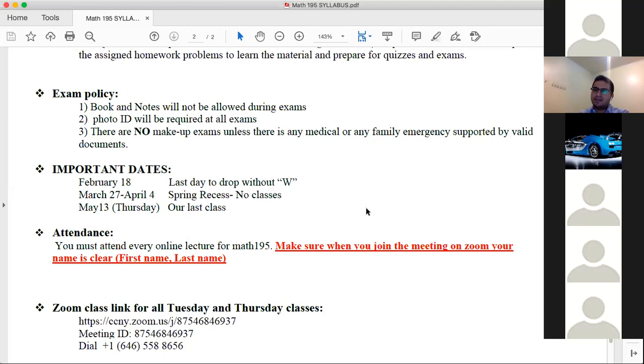Open the camera, show me your ID, and that's it. To make sure you are the student, because this is an online class, so I don't know you. You understand? Just show me your ID, open the camera, and continue the exam. That's it. The ID is a driver license or whatever, any ID with a picture. It's not just CCNY, any ID with a picture.